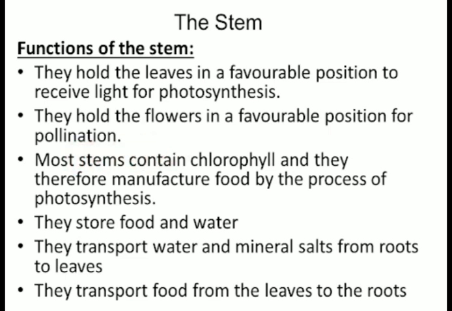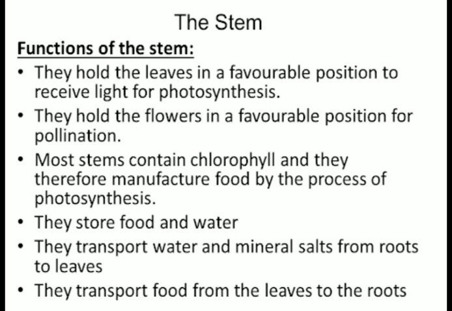Then one additional function: most stems contain chlorophyll, and therefore they manufacture food by the process of photosynthesis. That is, the stems which are green contain chloroplasts, and hence they can also aid the process of photosynthesis in addition to the process performed by the leaves.